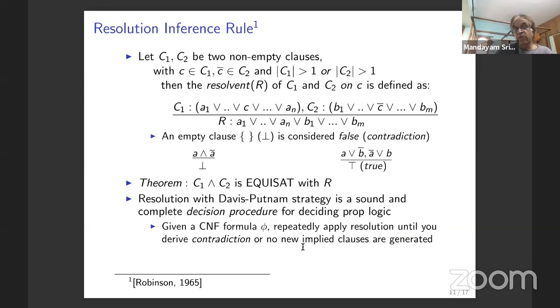If you're able to derive a contradiction, it is unsatisfiable. And if you exhaust all options, so you can't apply resolution anymore, then you can say it is satisfiable. So that's the DP decision procedure, one of the earliest decision procedures.